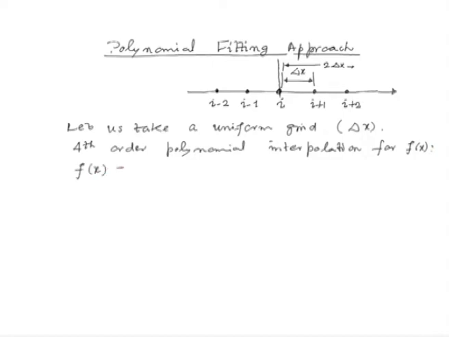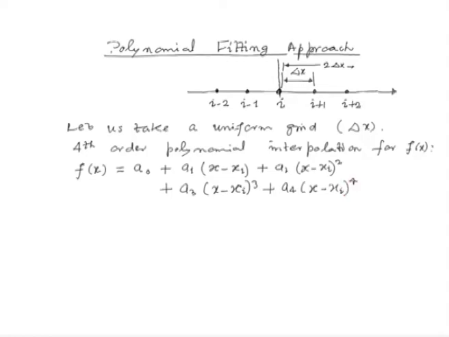So, f(x) is equal to a0 plus a1 times (x - xi) plus a2 times (x - xi) squared plus a3 times (x - xi) cubed plus a4 times (x - xi) to the power 4.